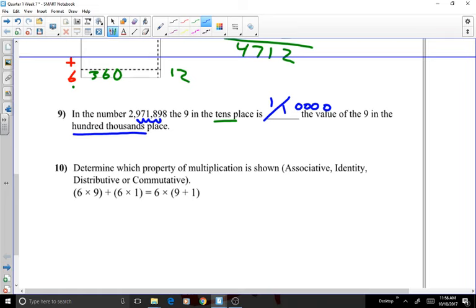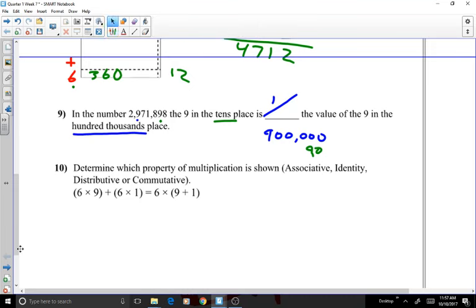Check it out, here's a different way. You know that it's going to be smaller, it's going to be a fraction. So you can write the numbers. The 9 in the hundred thousands place, it's 900,000. 9 in the tens place, that's 90.